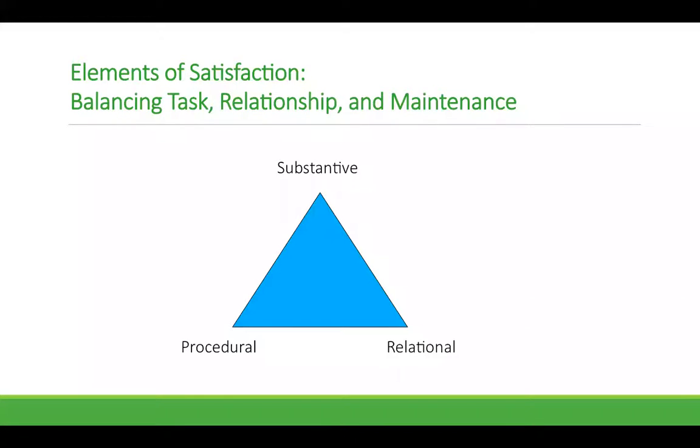When you come and you sit around a table, whatever that table looks like, it can even be a clinical treatment team, you're going to have to balance the different elements of satisfaction around task, relationship, and maintenance, which also can look like three sides of a triangle. And really trying to balance these three sides is going to help you have a real healthy working relationship.